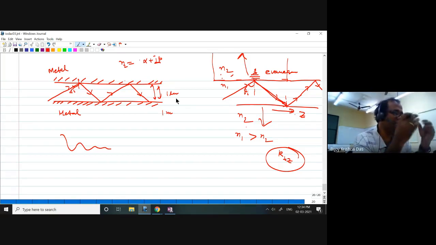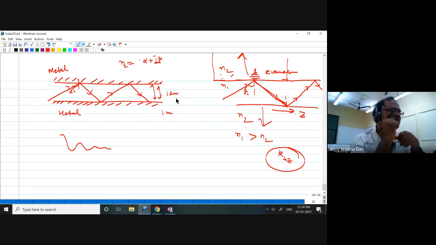If you do a little maths and calculate how many reflections are needed, each reflection contributes to loss, and you will end up with something like this. If you are using metal, in 1 centimeter length, you will end up with maybe 1000 dB loss. 1000 dB loss, you can imagine. You will not get anything out of it.